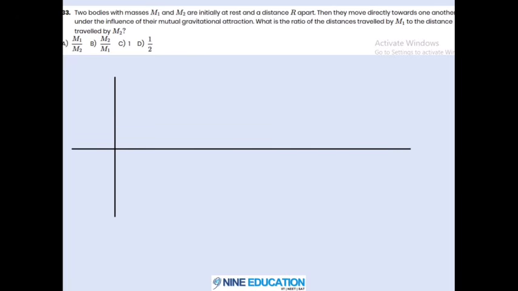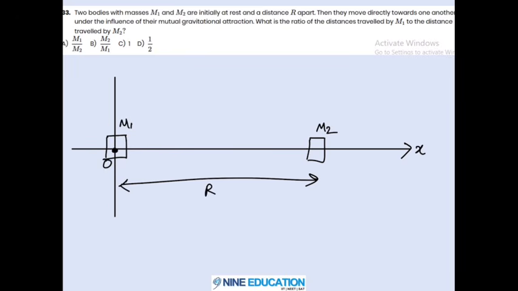let's take the axis like this. So this is the x-axis and this is the origin, and let us say that m1 was initially at the origin and m2 is somewhere here, which is at a distance of r apart. Got it? So this is the initial setup. Now when they are released, these two move towards each other.